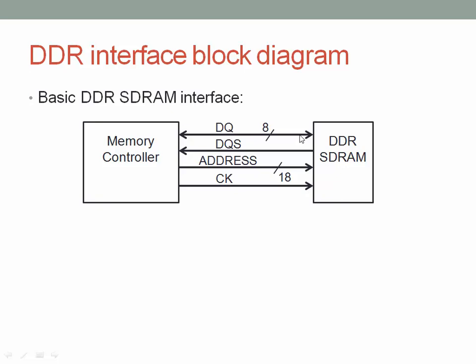DQ is a bidirectional bus which transfers the data in and out of the memory, and DQS is a clock which is given from the DDR SDRAM to the memory controller, and that will be synchronous with the DQ when the data is being read from the SDRAM. The address is from the memory controller to the SDRAM, which indicates the address at which the data is being read, and CK is the clock from the memory controller when the data is being written into the SDRAM.